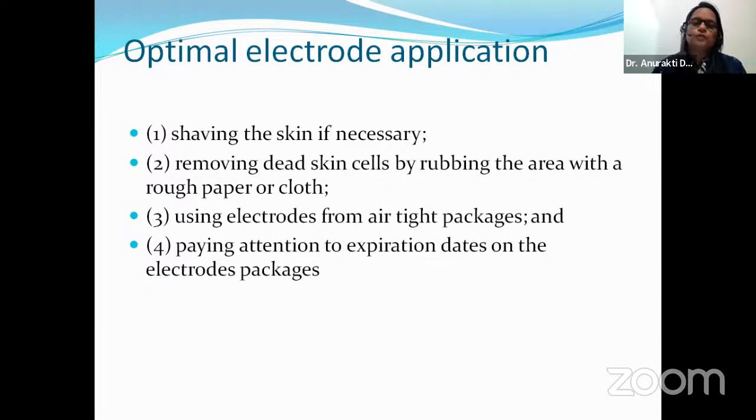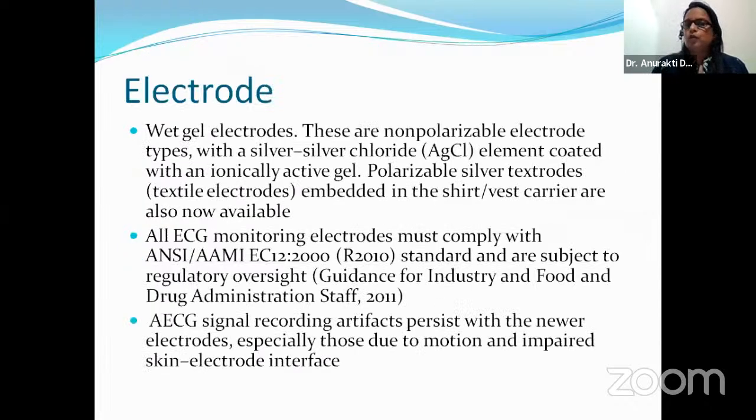And obviously you have to give them an extra set of electrodes. But nowadays, because everyone has mobile phones, you can always click a photo after placing the electrodes and give it to them so that they know where to place them when they fall off. We all use wet gel electrodes. You know, it's all silver and silver chloride element.